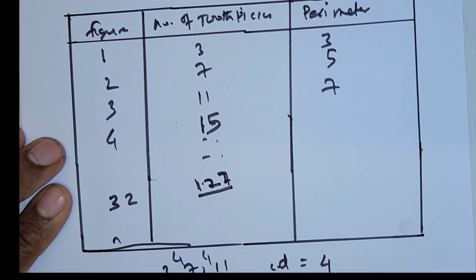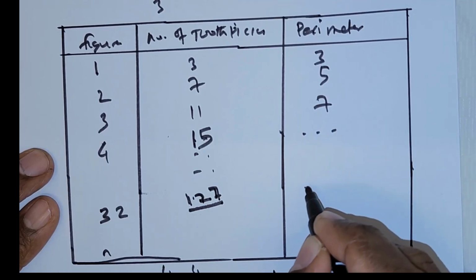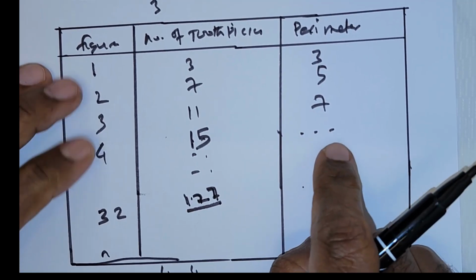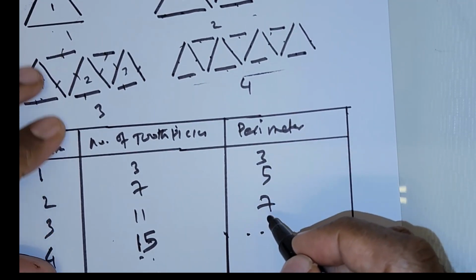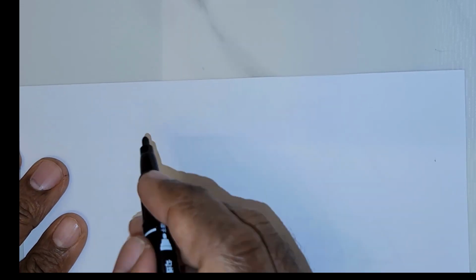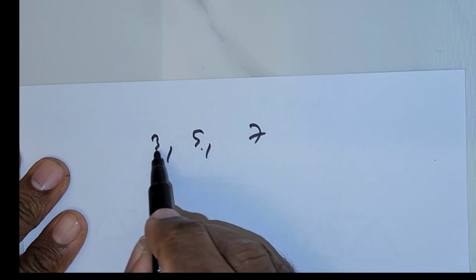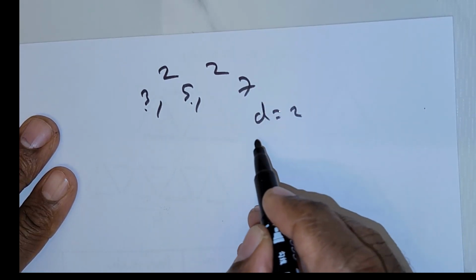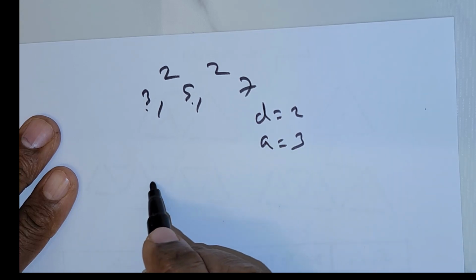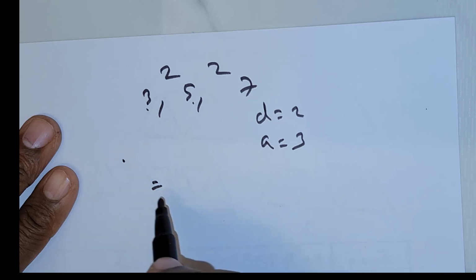Okay. Now we need to fill in two values. We need to get this value and we need to get this value. Now over here this sequence is 3, 5, 7. The difference between 3 and 5 is 2. Between 5 and 7 is 2. So my d is 2. My a is 3. So I want to get the number of toothpicks for position 4.